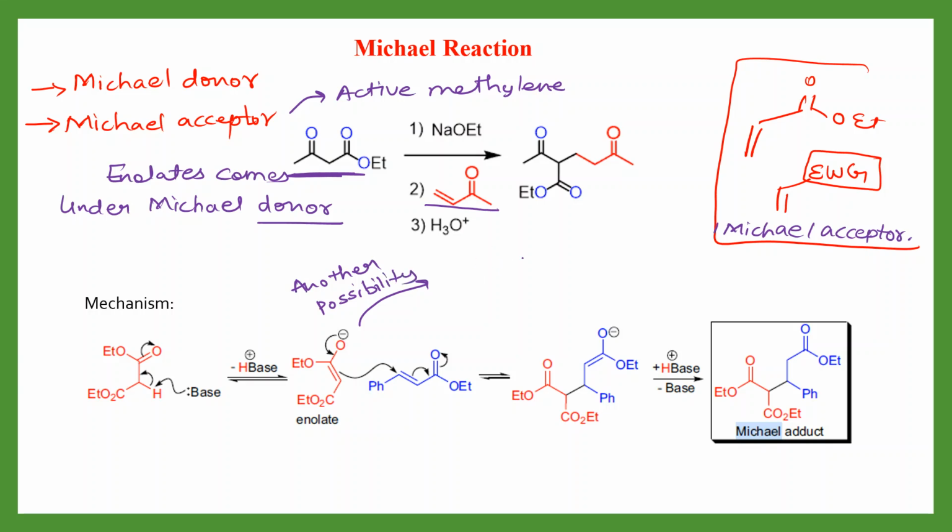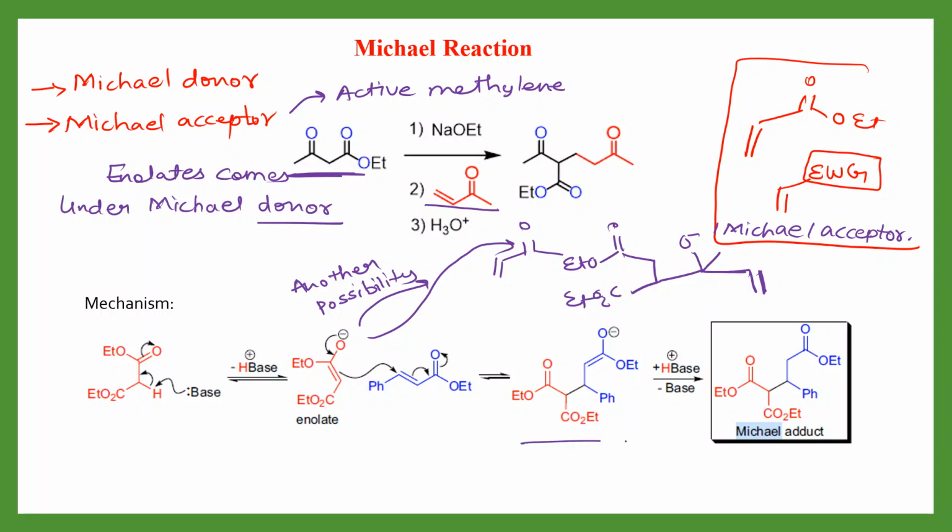Let's say this ketone is there, and it is directly attacking at the 1,2 position. So what you will get is EtO CO, CO2Et, and you will get O negative CH3. You will get an adduct like this, and here you are getting this. So can anyone tell me why this is more stable?